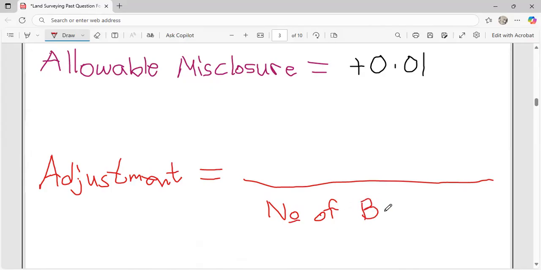So this is the allowable misclosure over the number of backsides.